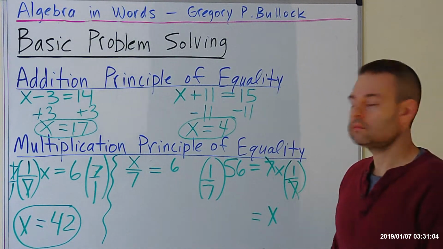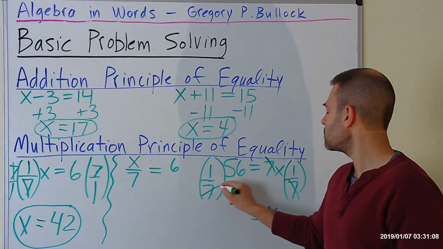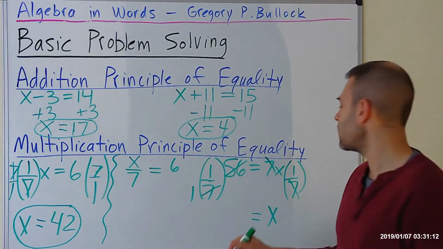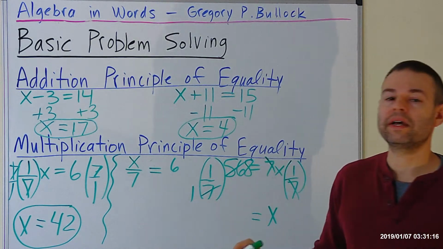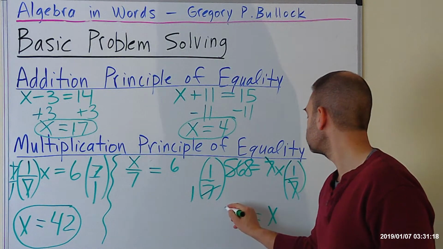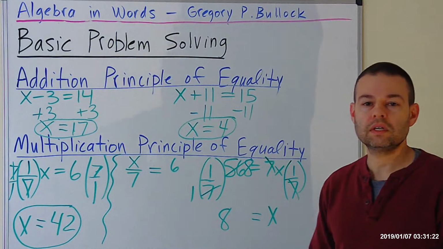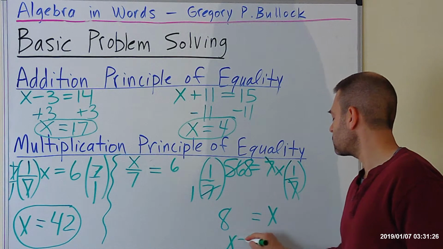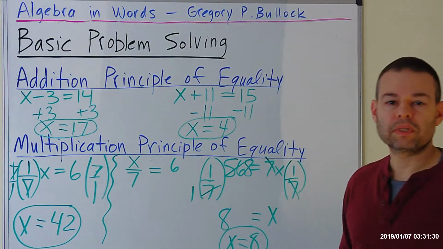On the left, we have 56 over 7. 7 goes into 7 once, and 7 goes into 56 8 times. All right, and below I'm just going to write 8 equals x. This is a suitable answer. You could also reverse it and say x equals 8, as we usually put the x on the left.